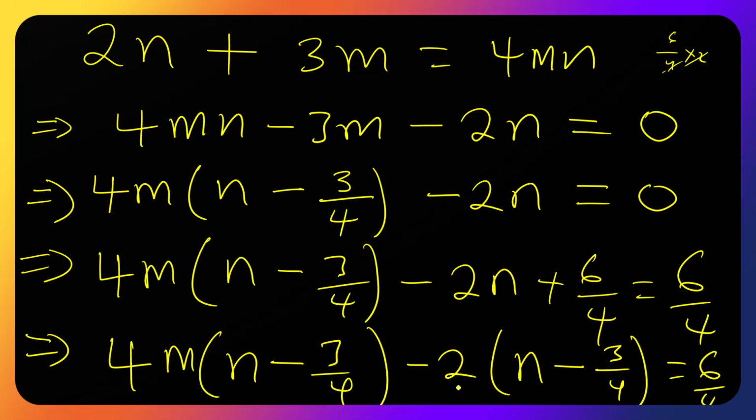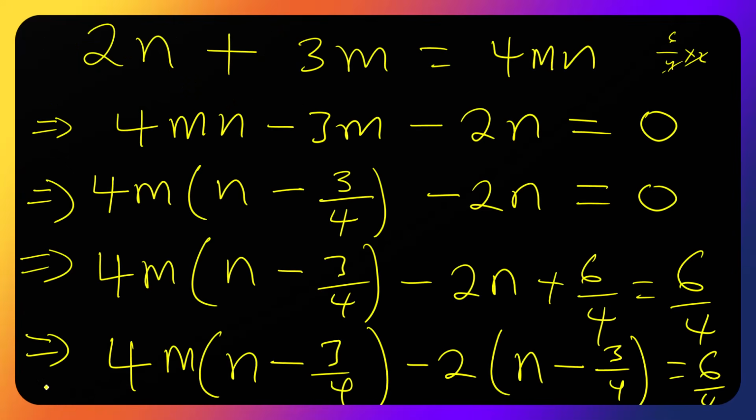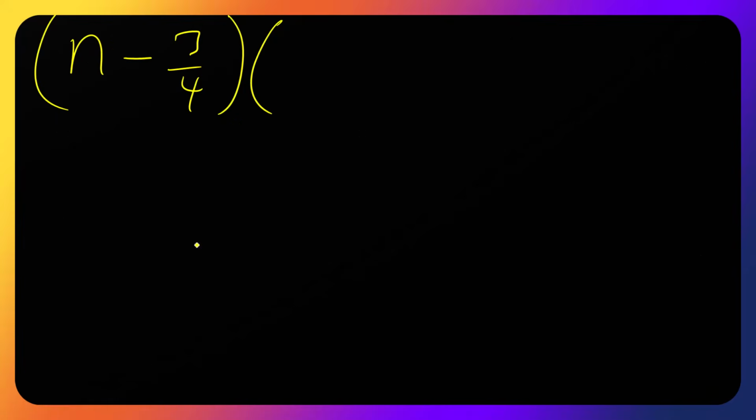Now in going back, this time that minus 2n minus minus plus, this time that will be 6 on 4. So we have this and that being equal. So my next step will be n minus 3 on 4. That's the first bracket. And the second one will be their coefficients, 4m minus 2.